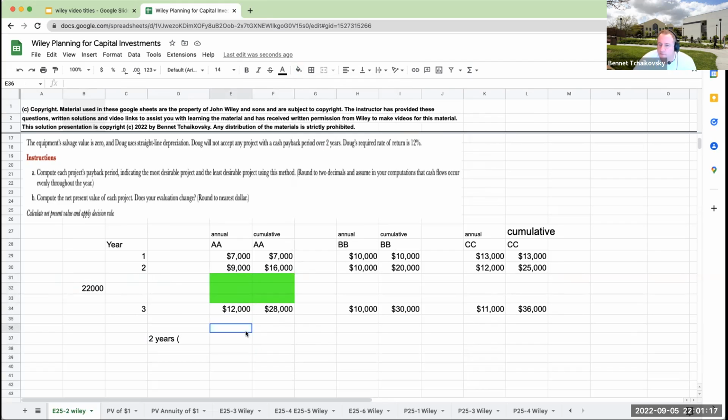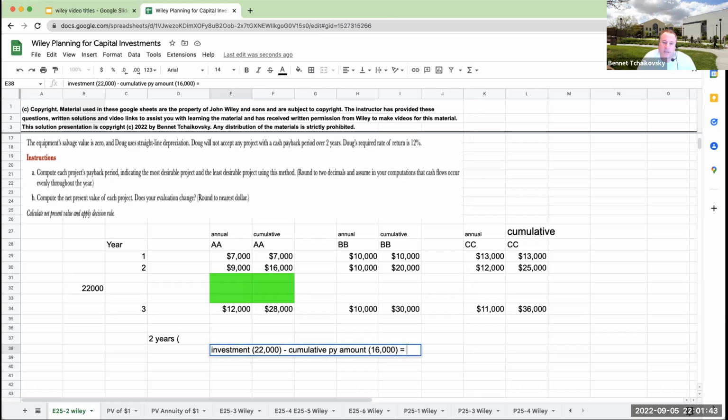So what we're going to do is take the payback amount, or the investment, which is 22,000, and subtract from it the cumulative prior year amount, which is 16,000.